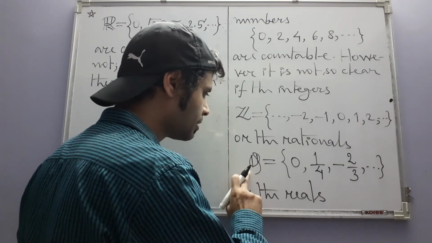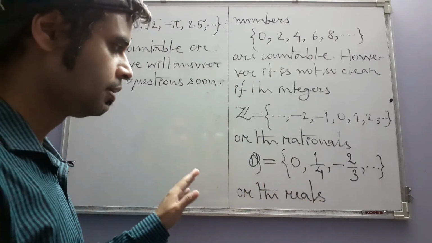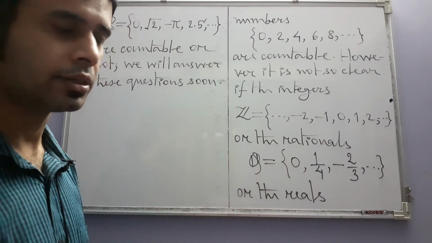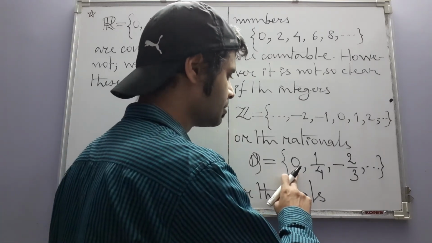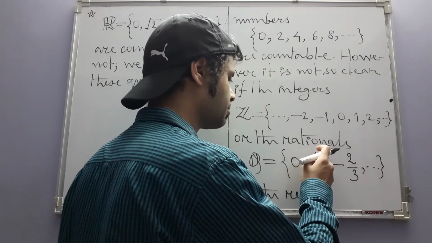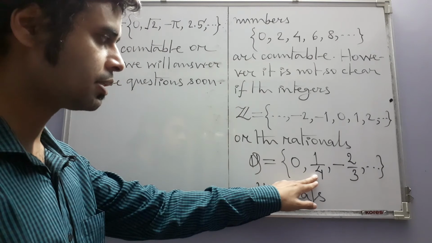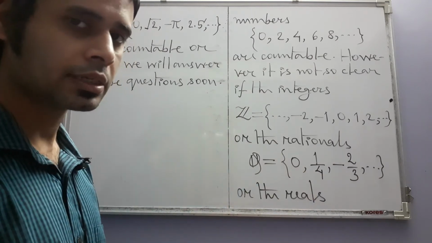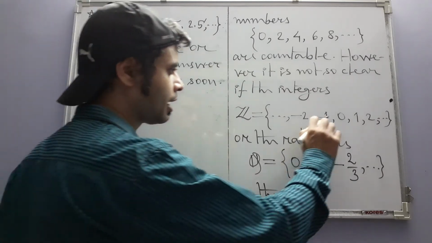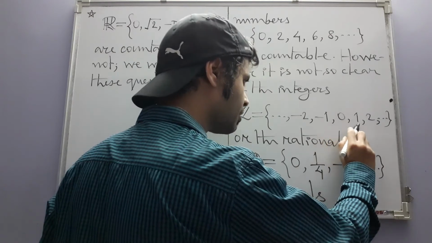If one wants to list the elements in the set of rational numbers in this fashion, they will just get overwhelmed, because what will you write? Say you have taken 0, then what will you write then? If you want to write a positive rational number, you then face the question of what the next positive rational number is. There is no such thing, we have already seen that. Unlike here, for example, after 0 we know that 1 comes.